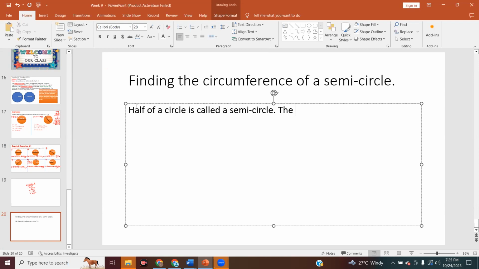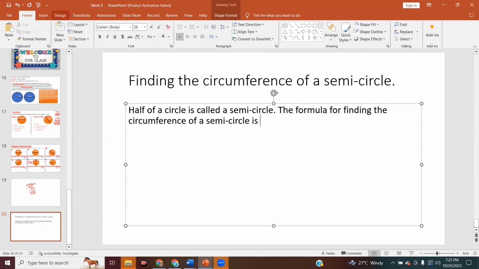The formula for finding the circumference of a semicircle is the following.